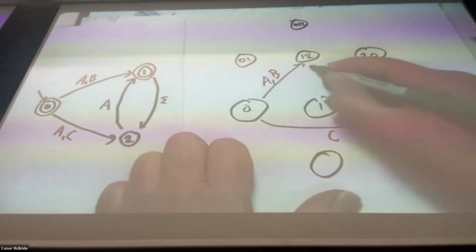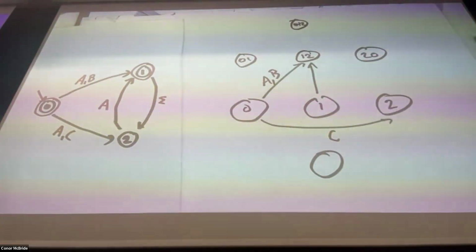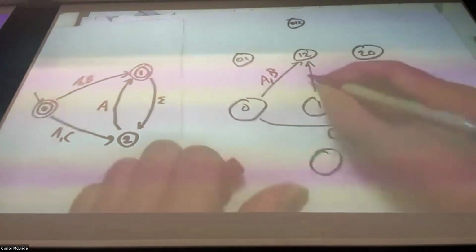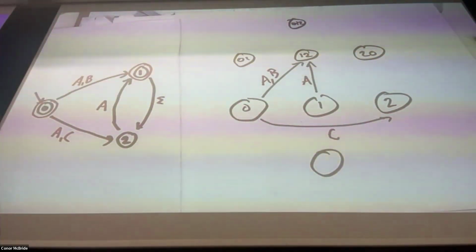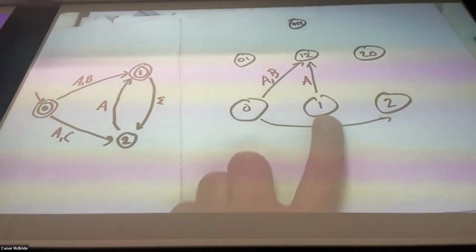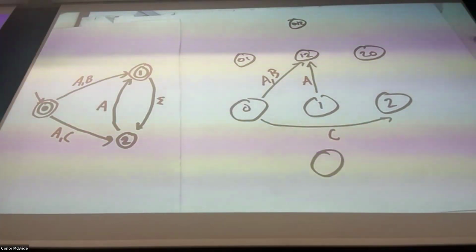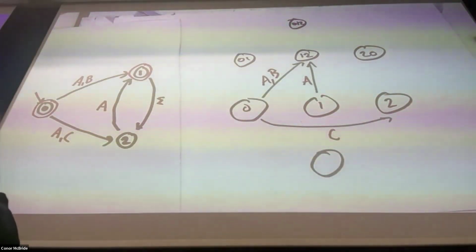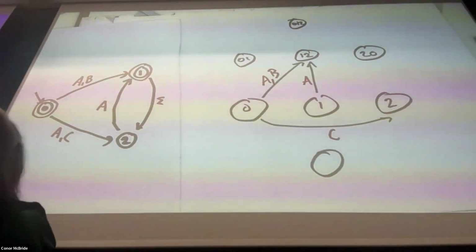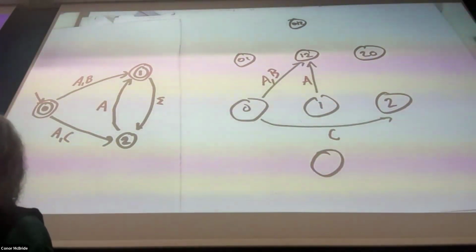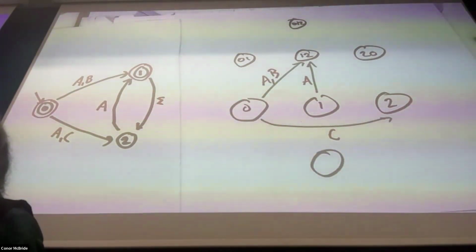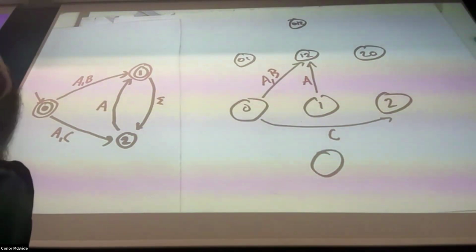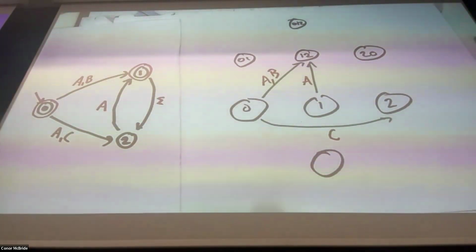So if I'm in state 1 and I get an A, I'm going to 1 or 2. If I get any other symbol from state 1, I'm screwed. If I'm in state 2 and I get an A, then I can go to 1, but that means I can also go to 2.